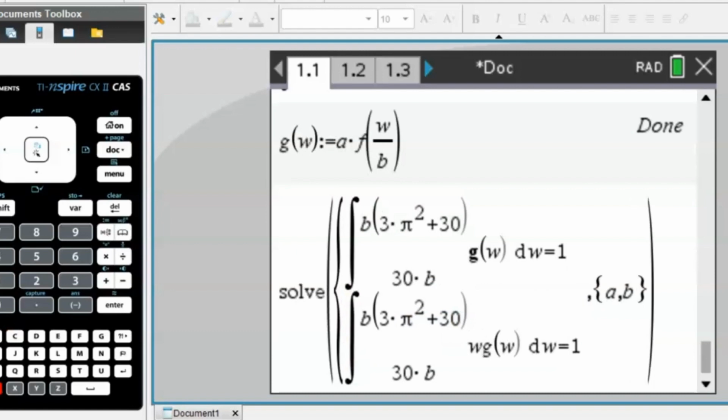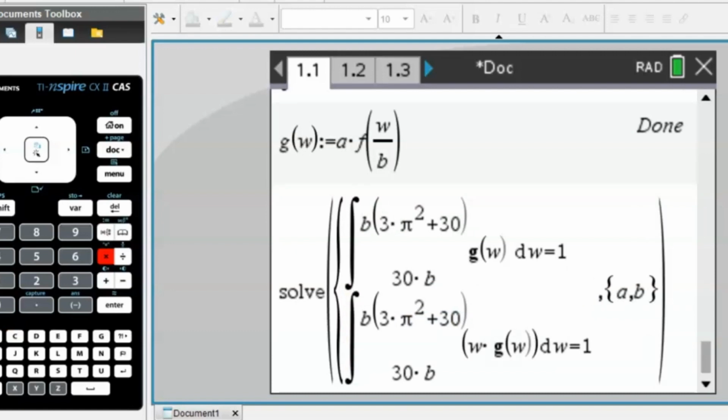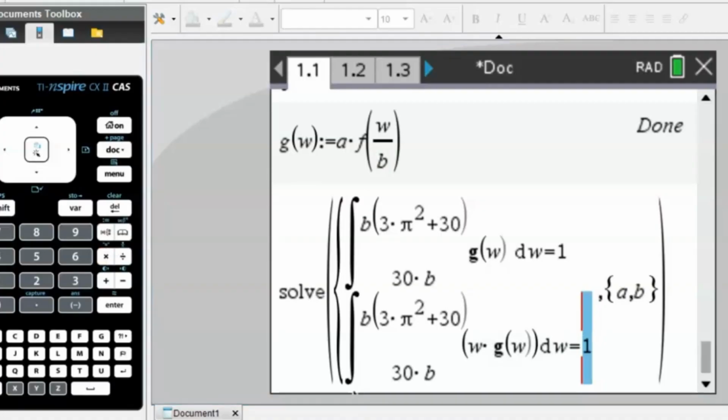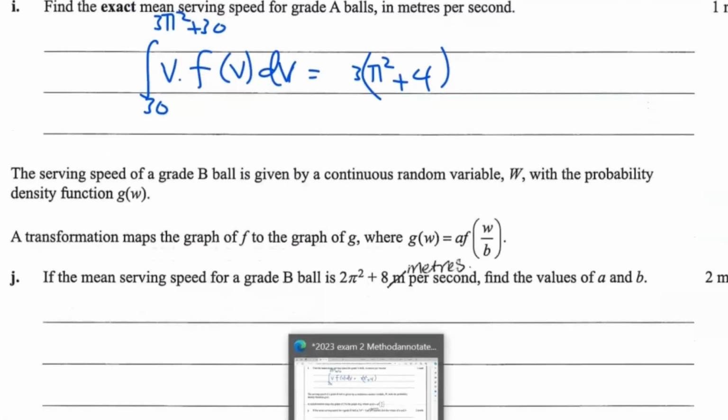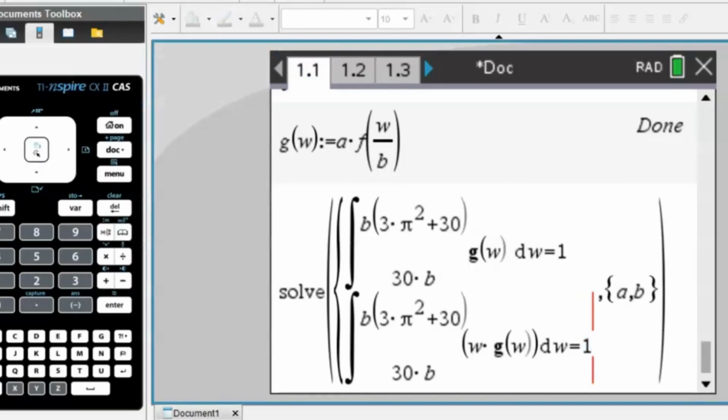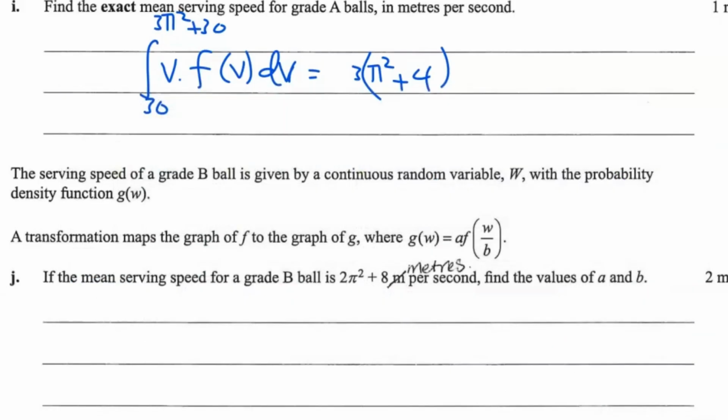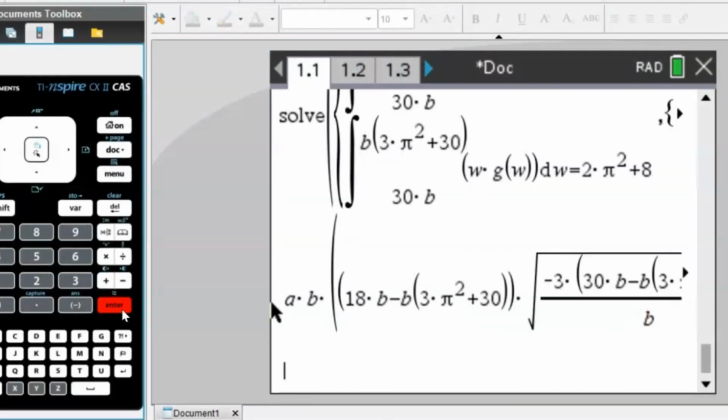So we're just going to multiply this by w, and we're going to make this one 2 pi squared plus 8, press enter.